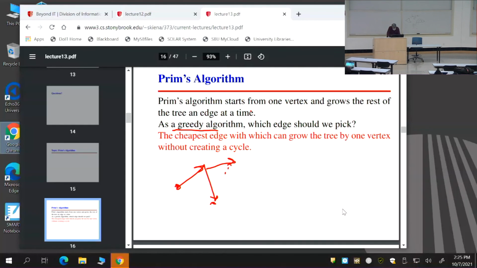If we take an edge that connects a vertex to a vertex that's already in the tree, then we're dead. That creates a cycle. Does everybody see that? This is bad. So we have to make sure that we're going to take the cheapest edge, wherever that edge is, and not create a cycle. Okay?